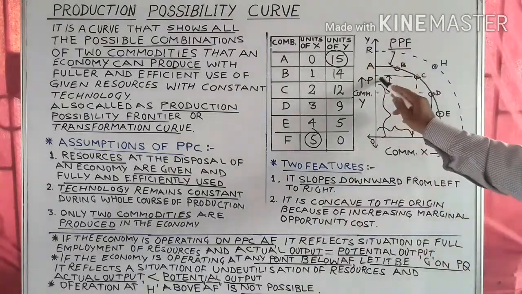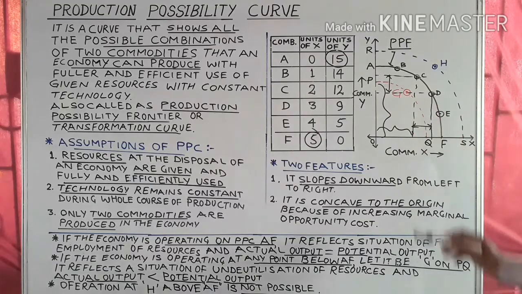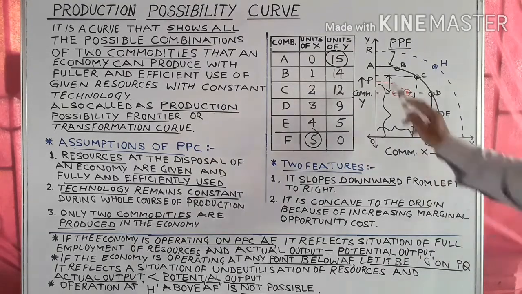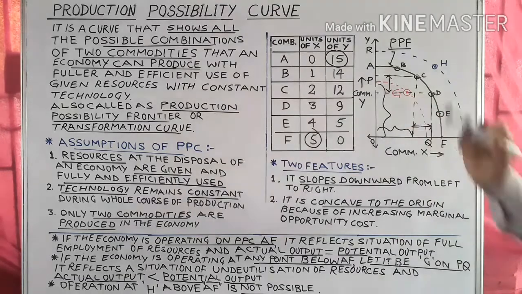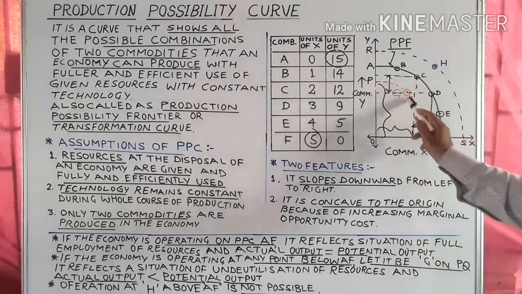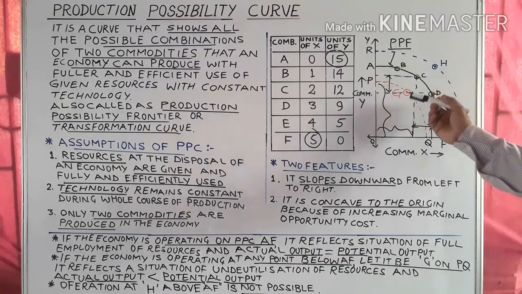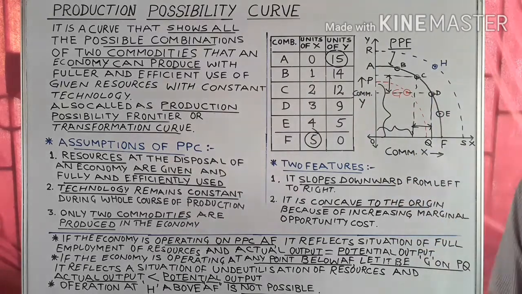If the economy is operating at any point below this production possibility curve AF, let it be G on this curve line PQ, it simply means that there is an underutilization of resources in the economy.